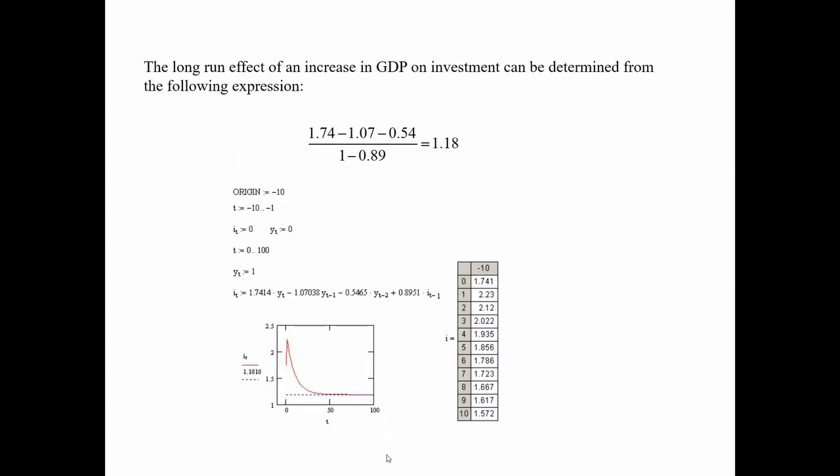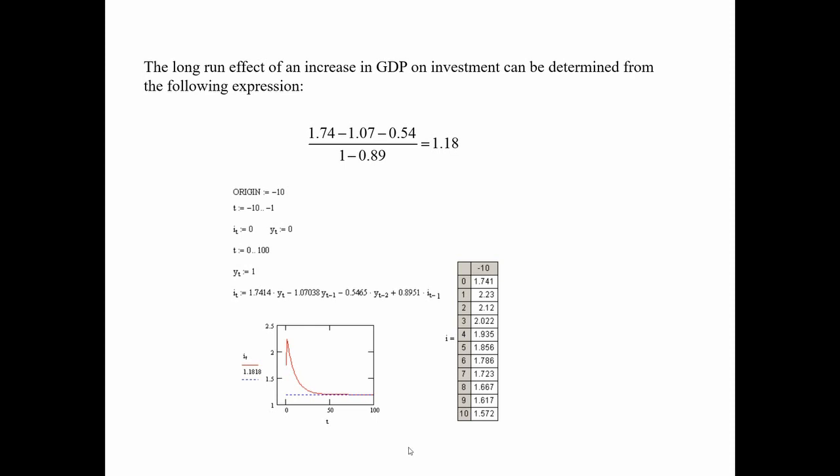Okay, so using this we can generate the distributed lag function of changes in the x variable on the y variable. In the long run, we can compute the long run effect by adding together the coefficients on y and then dividing by 1 minus the sum of the coefficients on the lagged I terms.